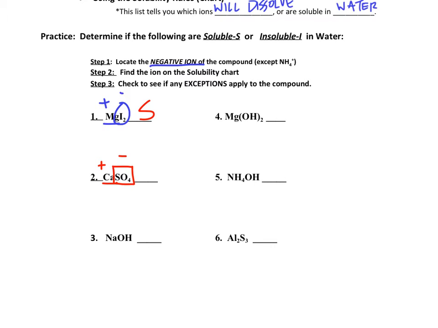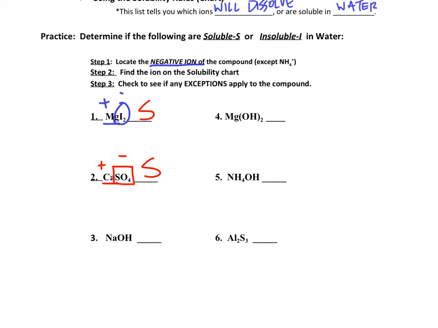So I'm only looking at sulfate. Okay? So, if we remember, calcium is not any of those. Sulfate is bonded with calcium in this compound. So this would be another S for soluble. So calcium sulfate is soluble. Let's move on to the next one.